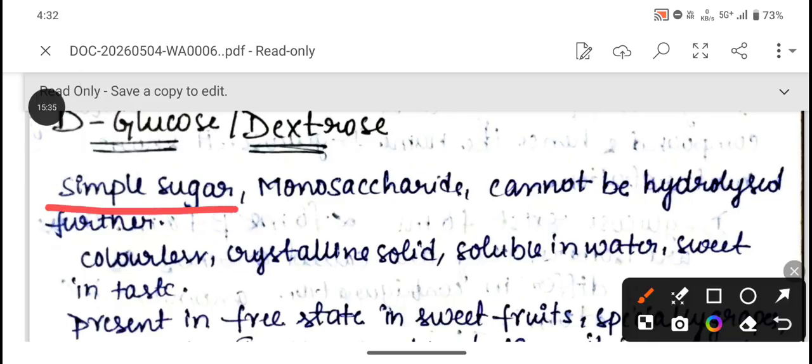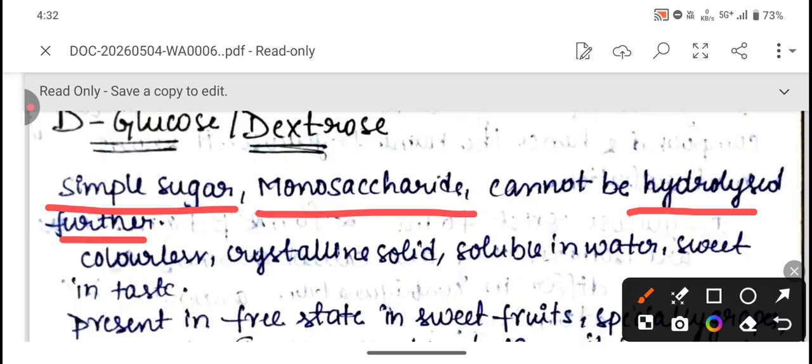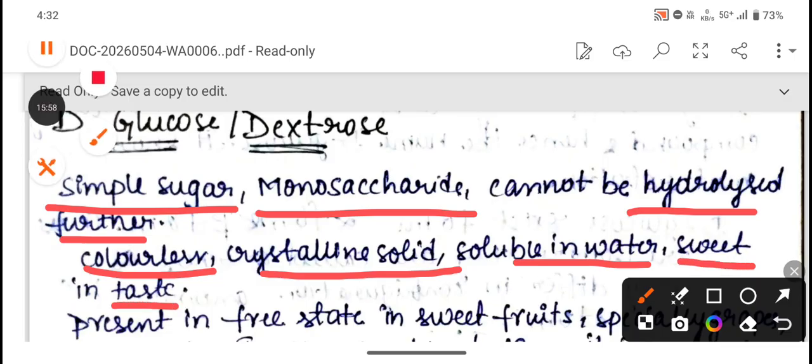So, this is a simple sugar, a monosaccharide, which cannot be hydrolyzed further, which means it will not give any other kind of subunits when you hydrolyze it. D-glucose is colorless, a crystalline solid, soluble in water, and sweet in taste. That's why it is called a sugar.